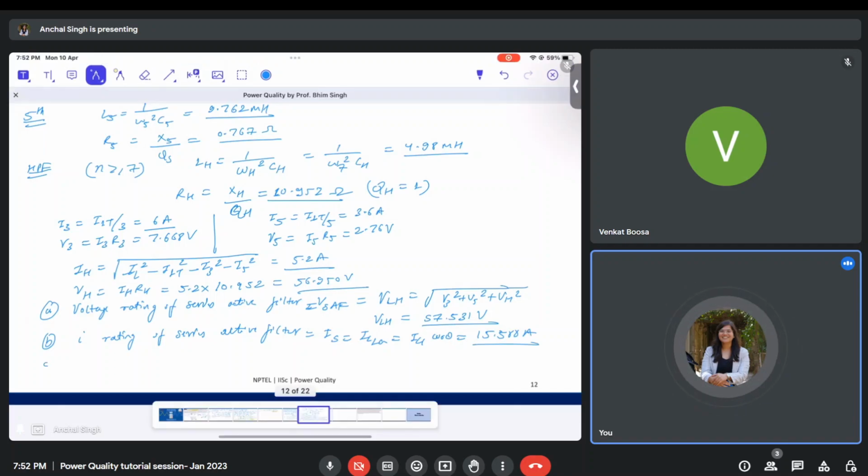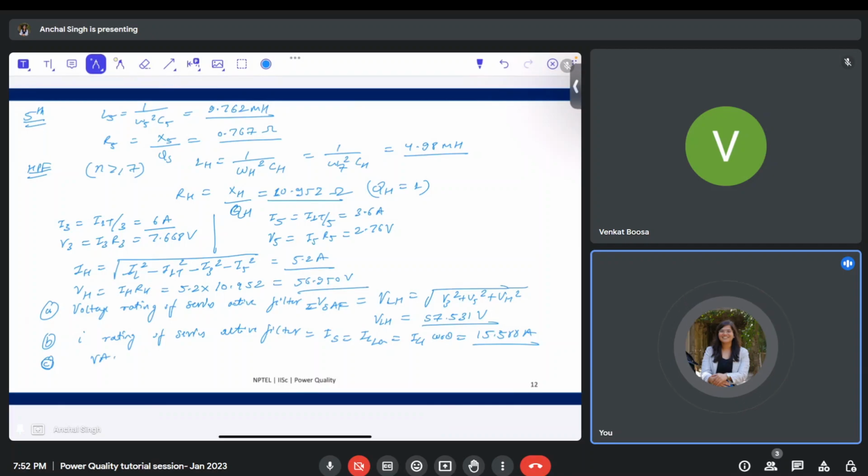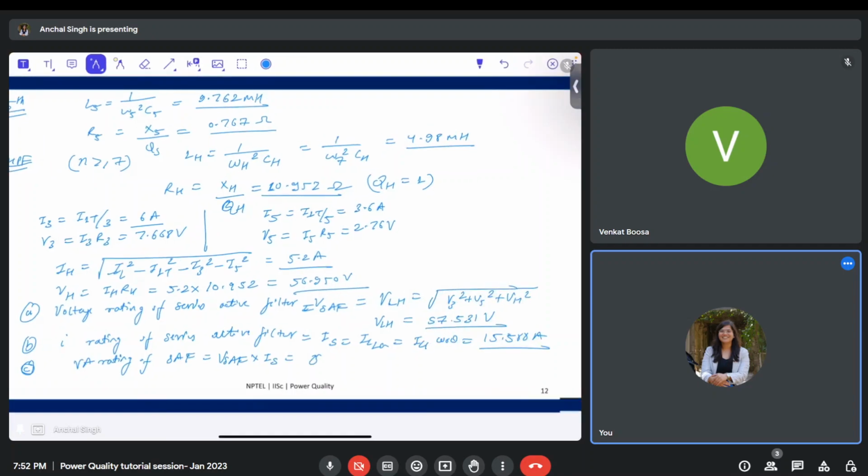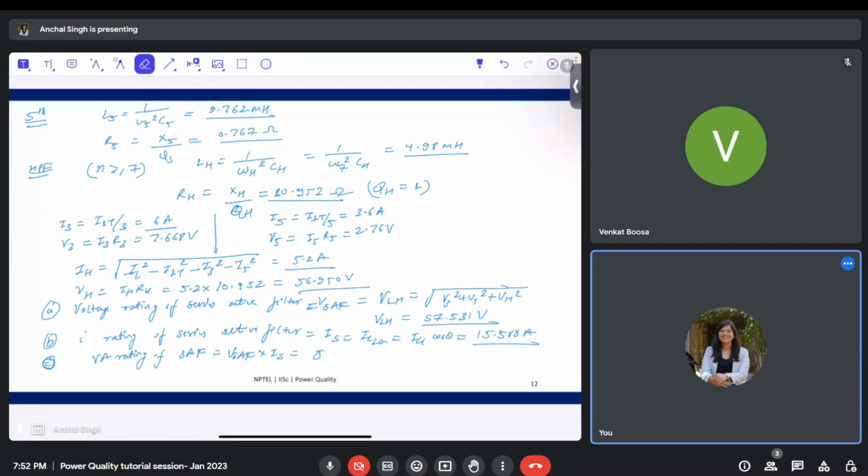So the VA rating of series active filter will be equal to V series active filter into IS, or we can give it any name. So when you multiply these two ratings, it will come out to be approximately 896.812 volt amperes.